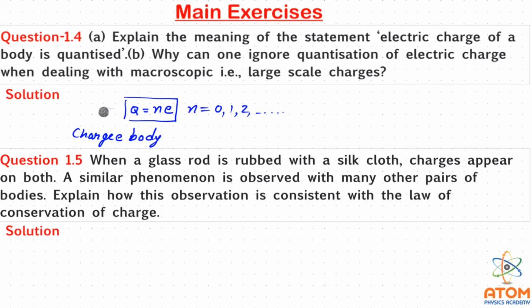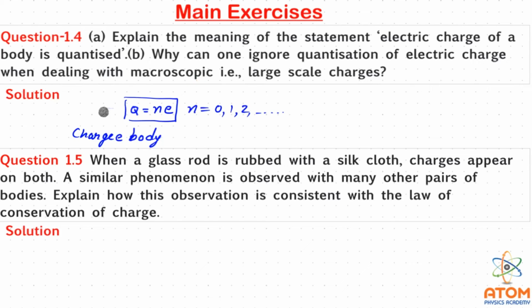Anywhere in this world, whatever charge you see is due to either an excess of electrons or an excess of protons, and that's why the charge will always be quantized and will follow the equation Q is equal to Ne.